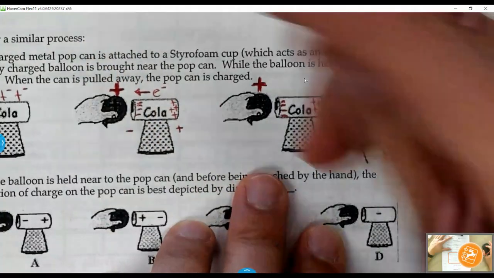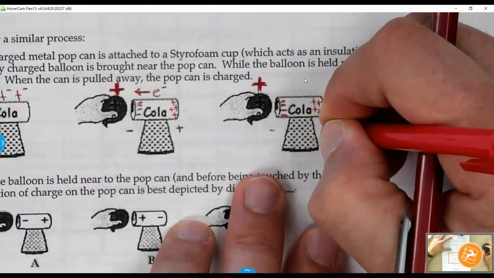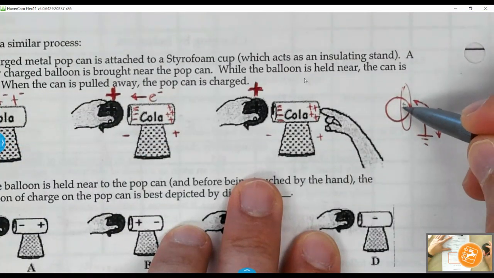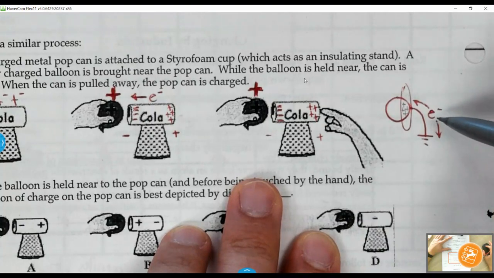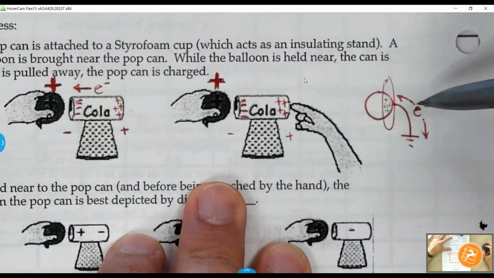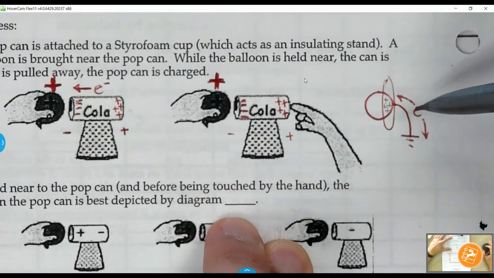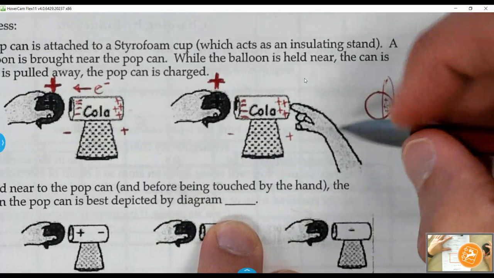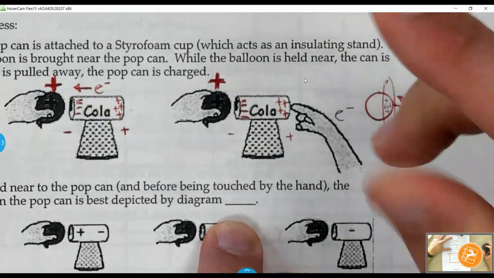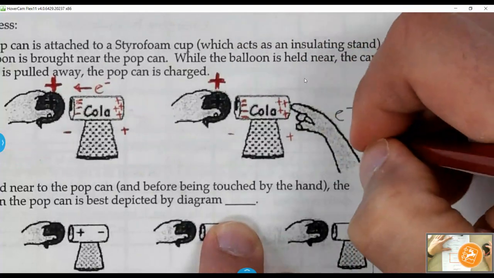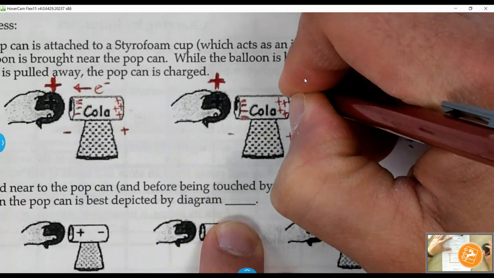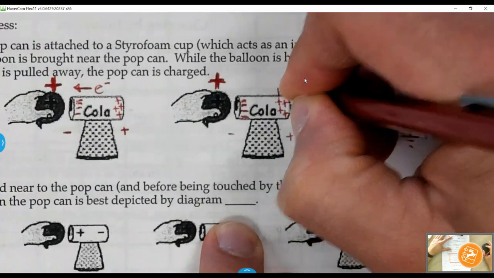So if this side is mostly positive, are these extra electrons going to be attracted to that positive charge? Well, do opposites attract? Yes. So electrons can travel up the hand, and then they're going to jump from the hand to the can.